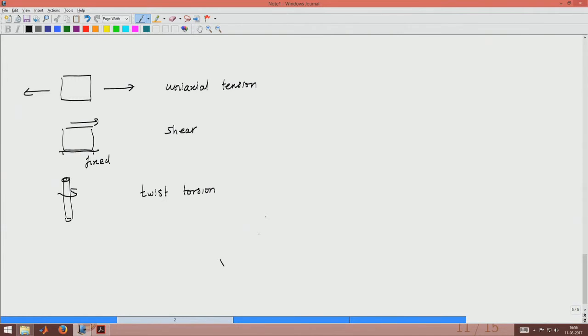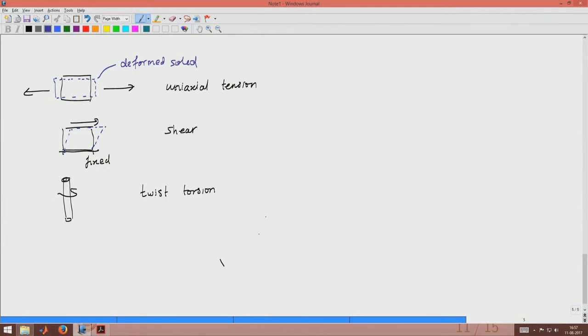If we look at what we would expect as a general deformation in the material, we could draw that: as a result of extension the material may become like this. So, this is the deformed solid. Similarly, in this case the deformed solid would be a sheared solid, and in this case also the material will get twisted.